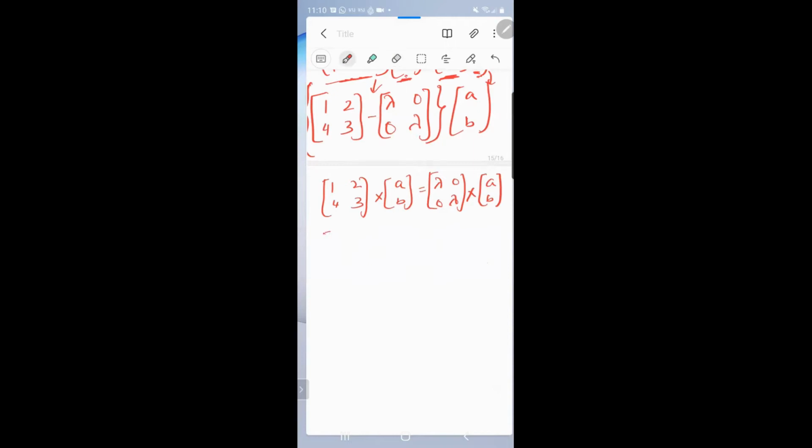So I'm rewriting this first as 1, 2, 3, 4 times AB minus lambda 0, 0 lambda times AB equal to 0, 0. This is one step, right? All I did is take whatever is on the right hand side and bring it to the left hand side. Is this clear?